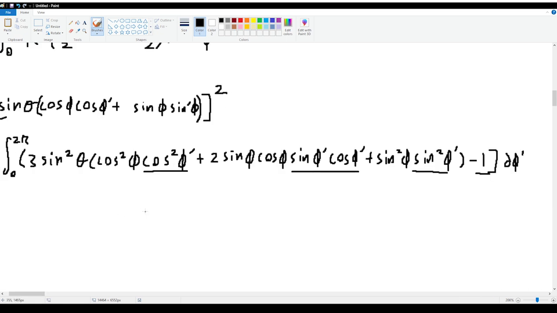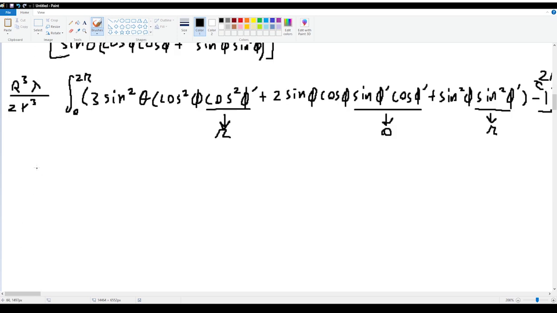So once we integrate those, we'll end up getting that this right here goes to pi. This becomes 0, and then this also goes to pi. And obviously this is just going to be 2 pi. We know because the previous integral had that as well.